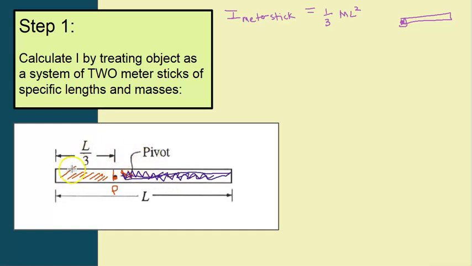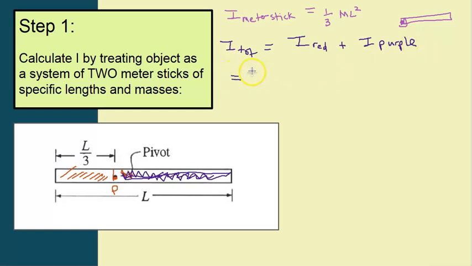And so we're treating it as two separate objects. Each of those is pivoted about the end, right? Because now the pivot is at the end of the red shape and at the end of the purple shape. So I total is going to be, in this case, I red plus I purple.